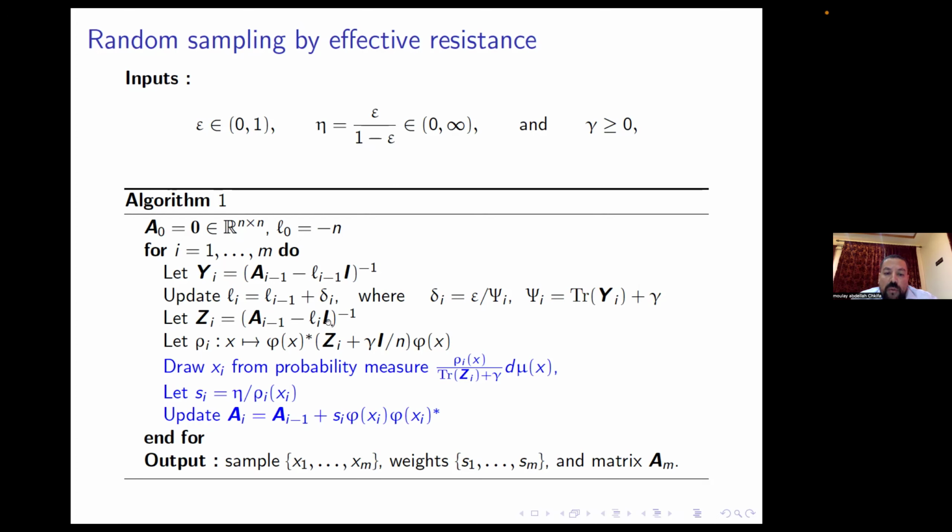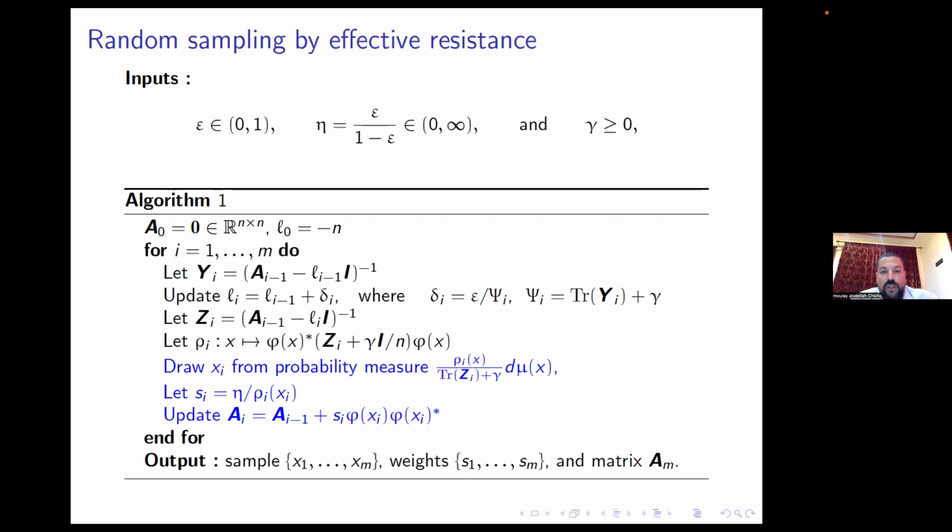The matrix M from the previous slide is just Z of i plus a multiple of the identity matrix, and that's the matrix which will define the measure we will sample from. Basically, this is the idea of our algorithm. We use adaptive sampling, in the sense that in every iteration we sample from a probability measure that depends on a matrix, which depends on the samples obtained up to iteration k.